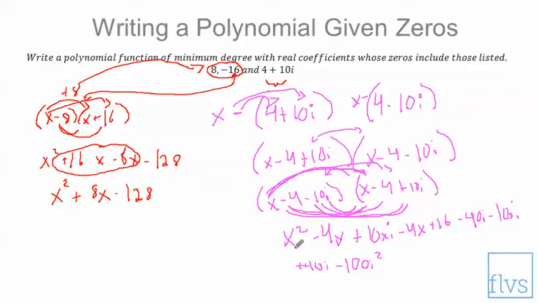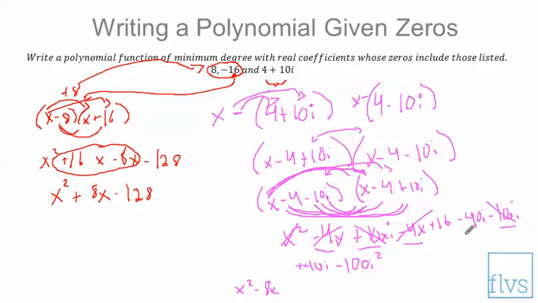So now we're going to clean it up. The x squared, there are no other terms like it, so I'm going to list that here as x squared. Negative 4x will be a like term with negative 4x. No other one, so it's negative 8x when you combine it. Positive 10xi, negative 10xi, those are going to cancel each other out, and there are no other ones with xi on them.